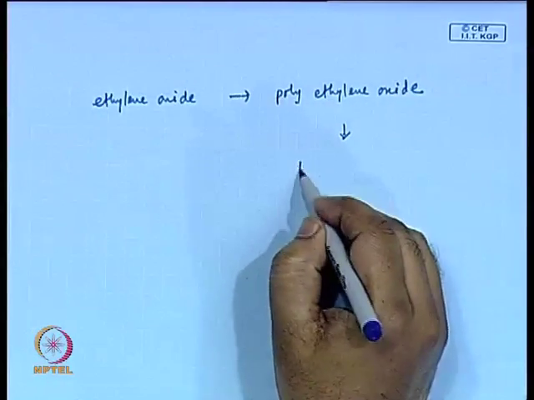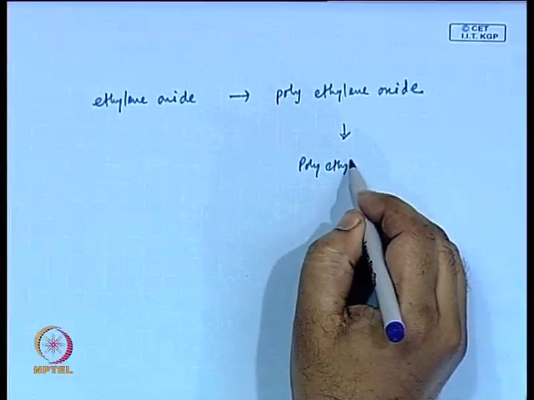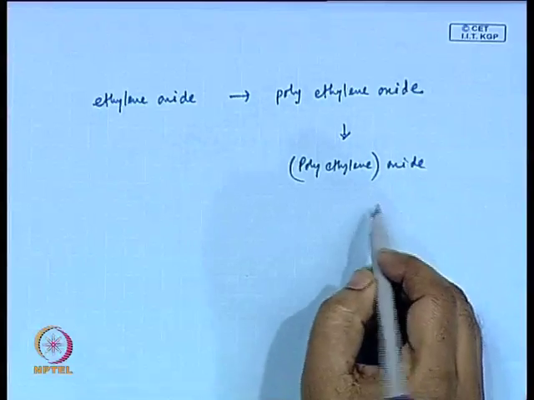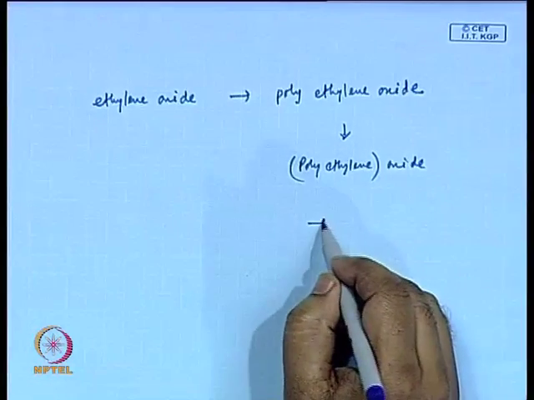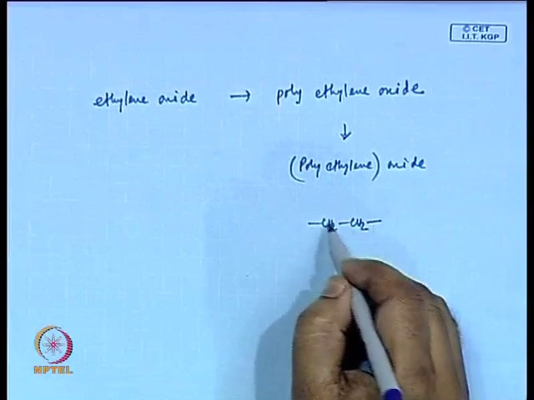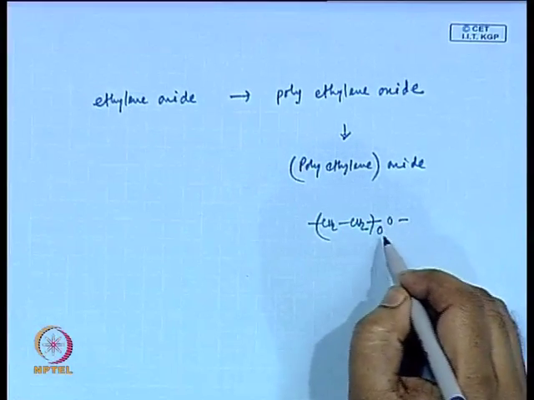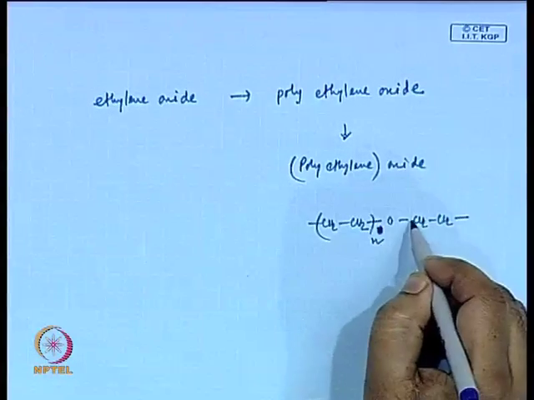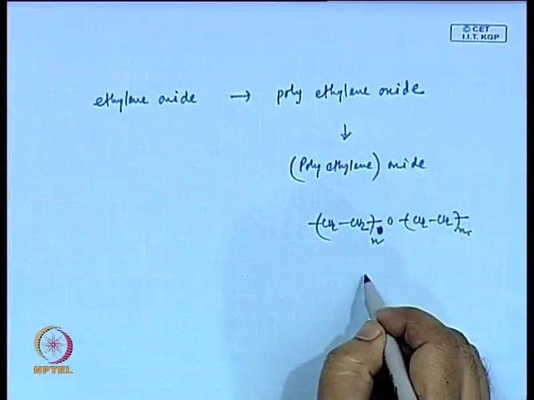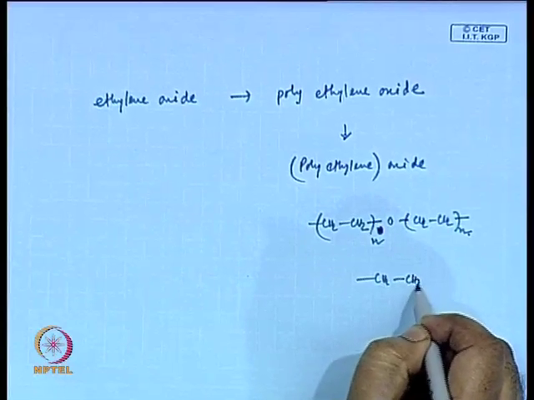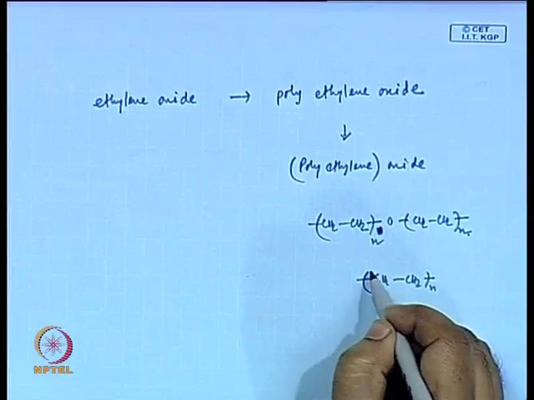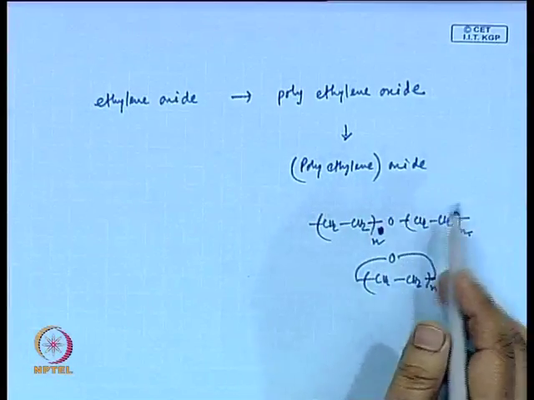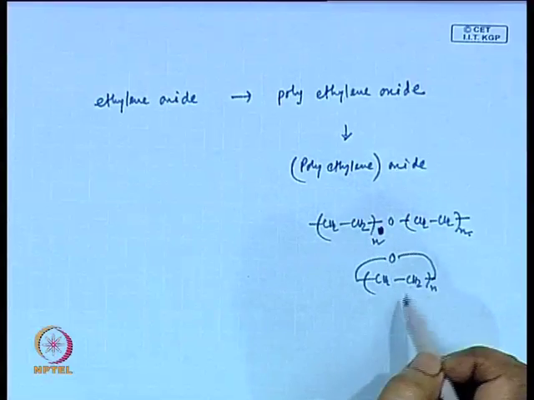If I write polyethylene oxide without a bracket, that means oxide of polyethylene, it will look like this, a polyethylene or a cyclic.